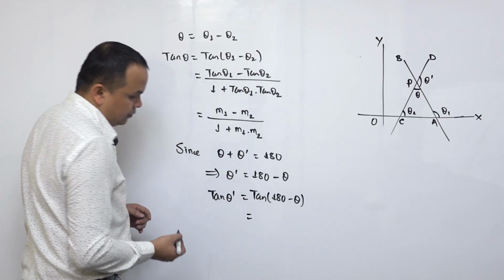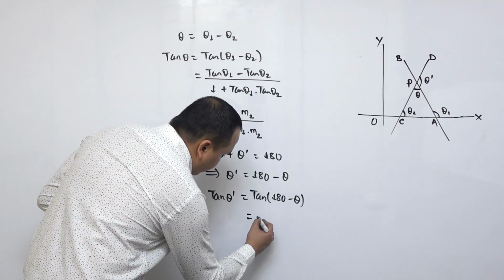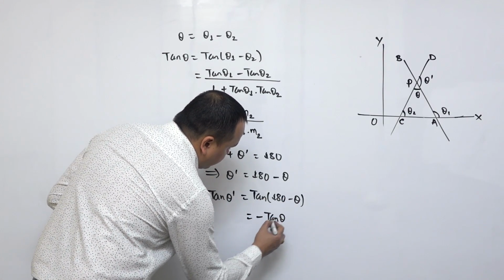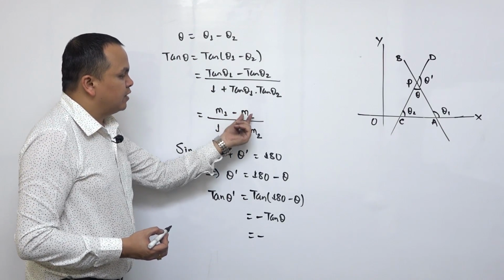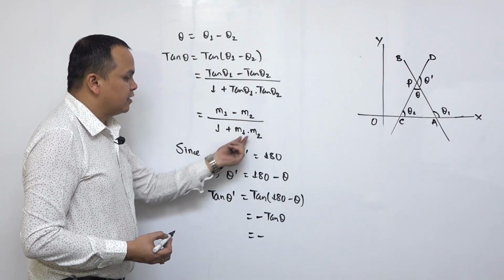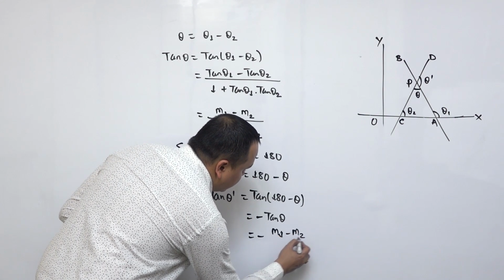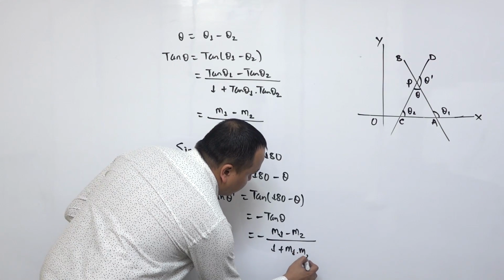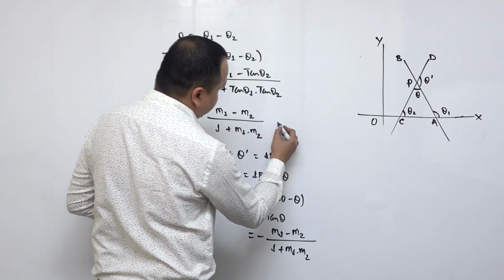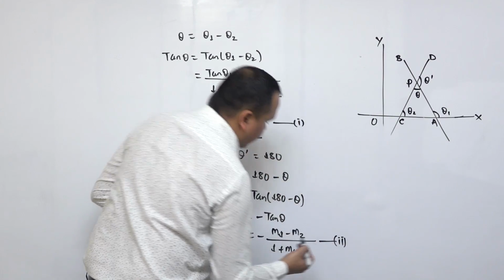By the cast rule, tan of 180 minus theta is minus tan theta. So tan theta dash is minus of m1 minus m2 upon 1 plus m1 into m2. This is equation I, and this is II.